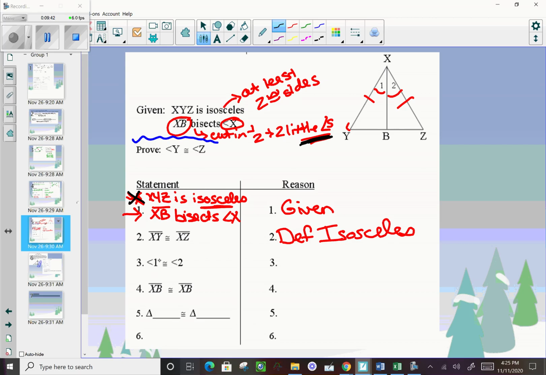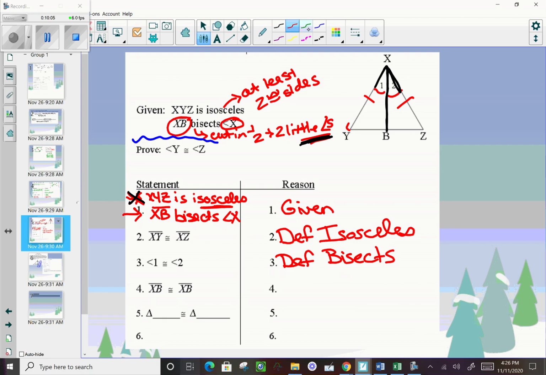Well, here's two angles. Are they the right angles? Here's segment XB, bisects angle X. Those are the two angles. So we know that angle 1 is congruent to angle 2 because of the definition of bisects.